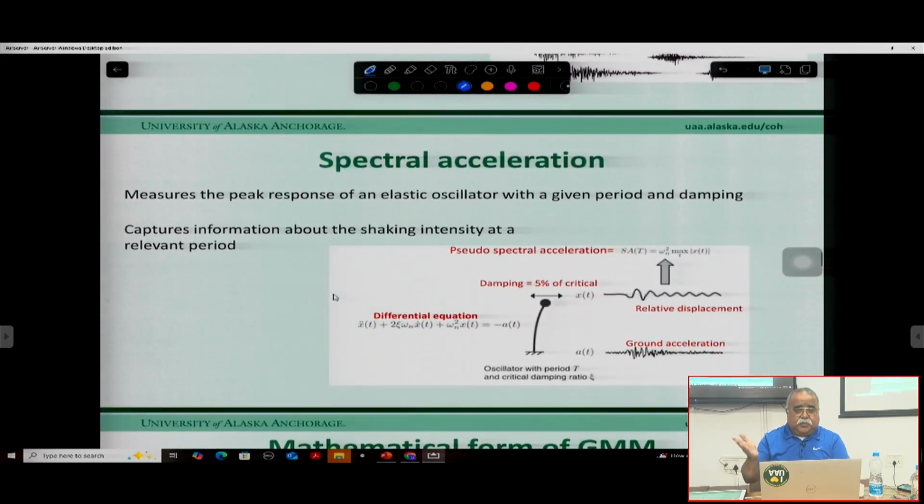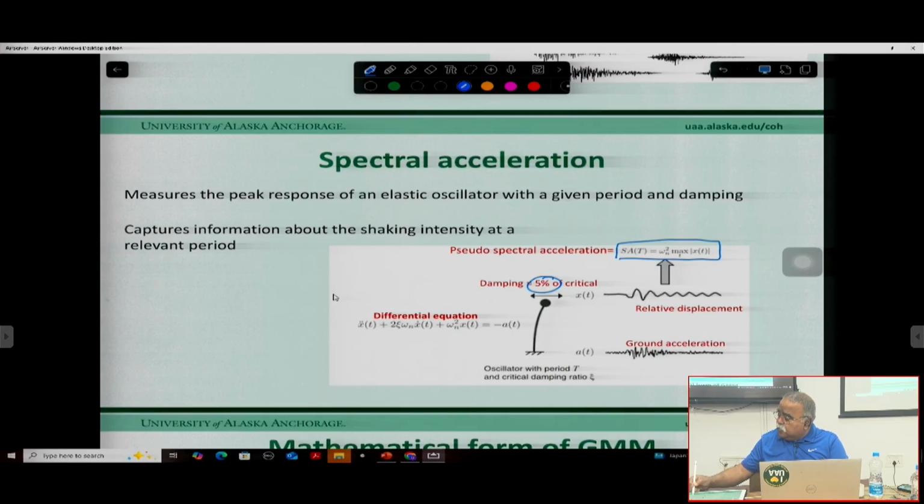Now I have already told you how to compute the spectral acceleration of the data, with 5% of critical damping. So this SA equals omega n square into this much. That is what we have already calculated as the response spectra. So you can compute the response spectra of the data.